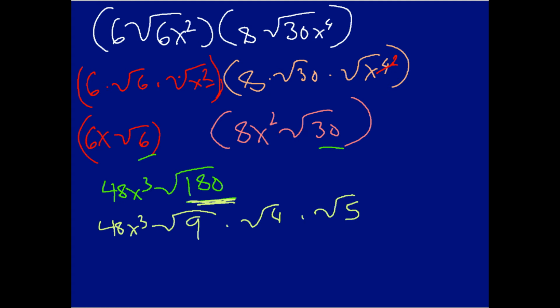If I continue with this thought process, I have 48 x to the 3rd times 3 times 2 times the square root of 5. And if I complete it, 48 times 3 times 2 is 288 x to the 3rd times the square root of 5. And that's how you get the answer.